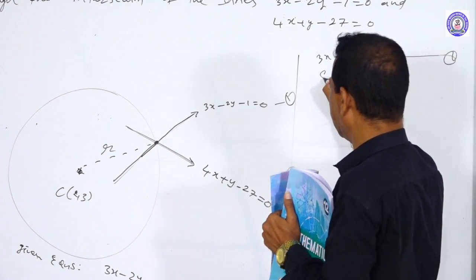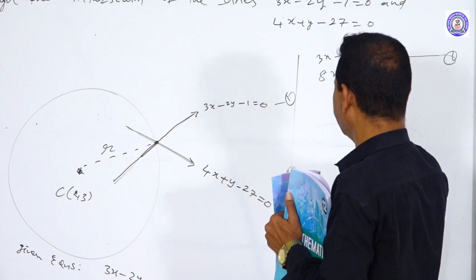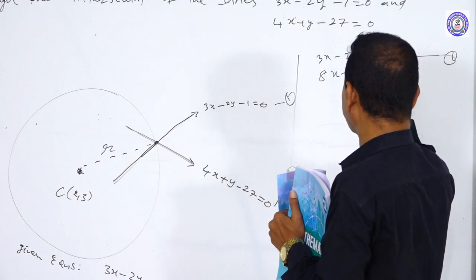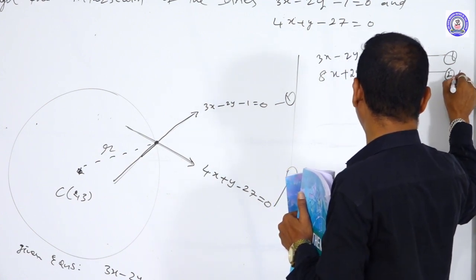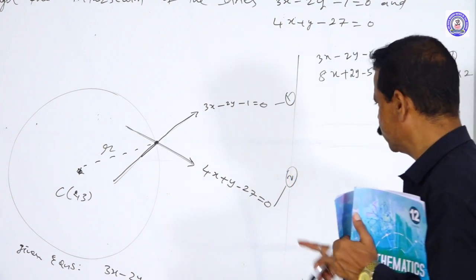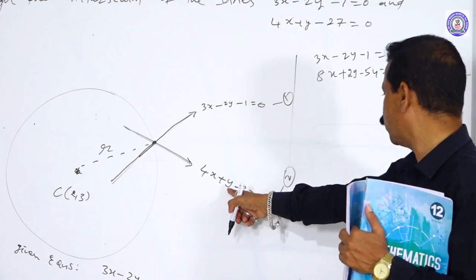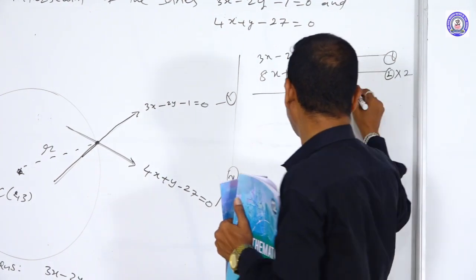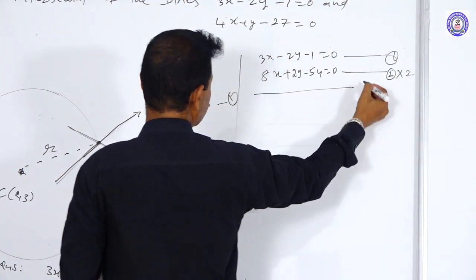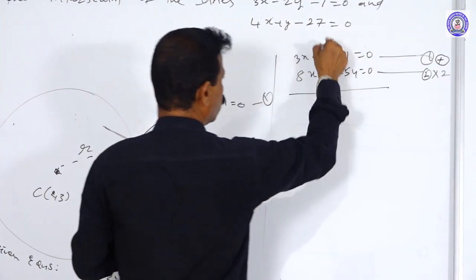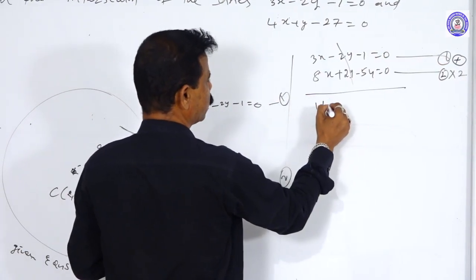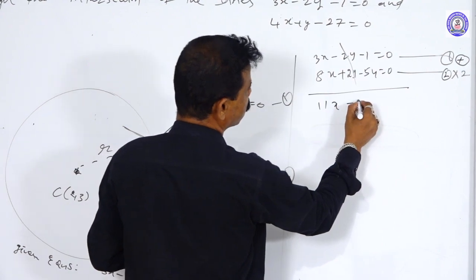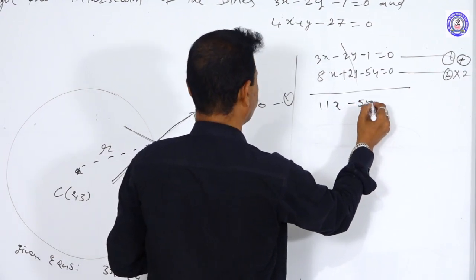And the next equation 8x plus 2y minus 54 is equal to 0. Second equation multiplied by 2: 2 into 4 is 8x, 2 into y is 2y, 2 into 27 is minus 54. So on addition, 2y and minus 2y cancel, 11x is equal to 55.